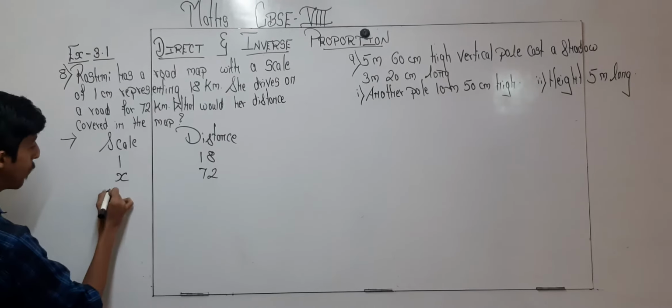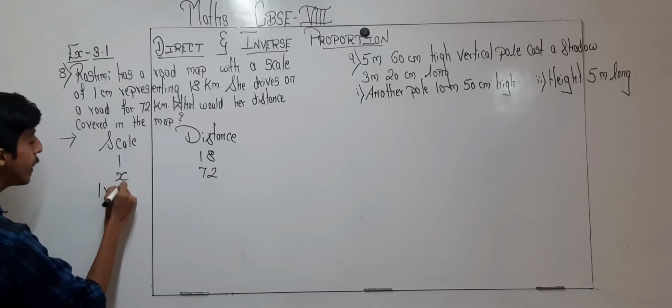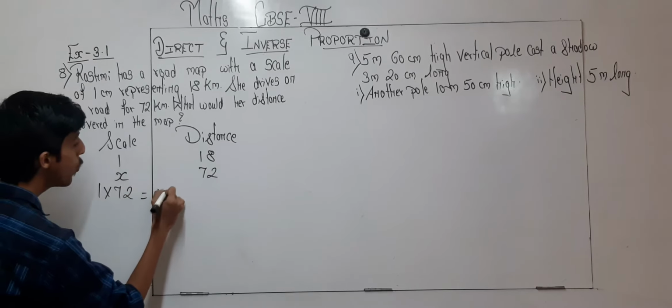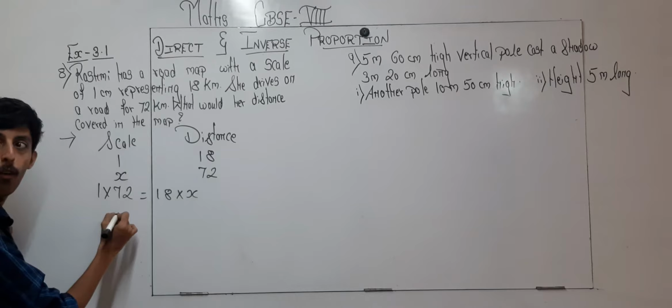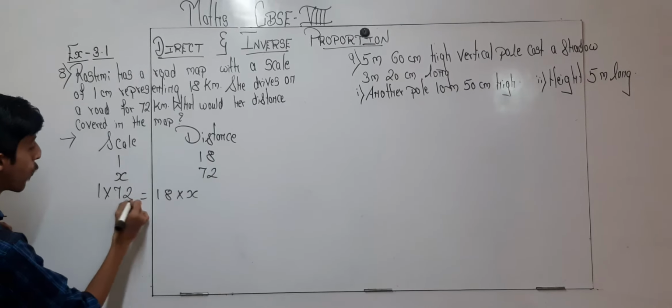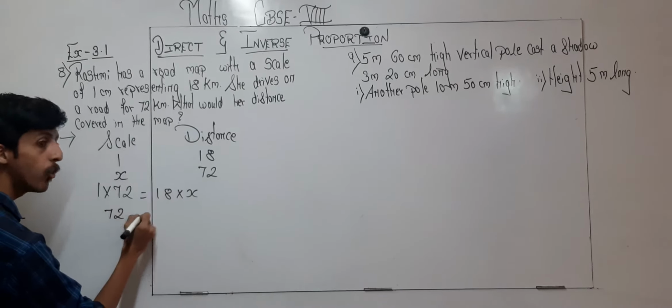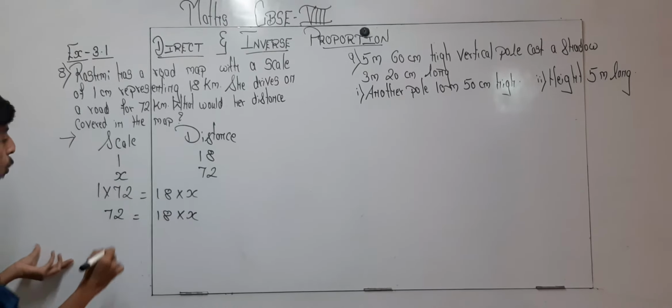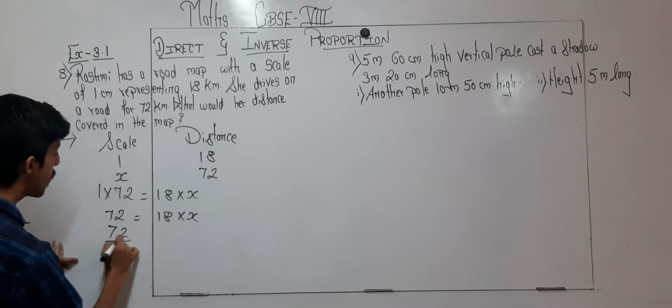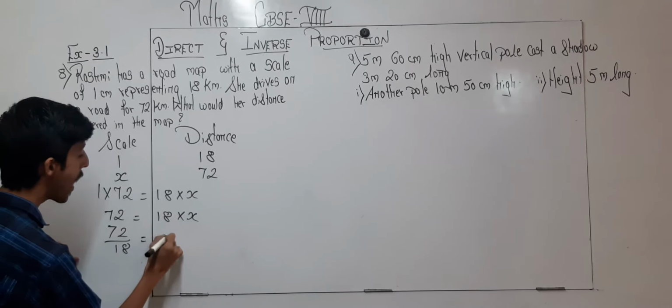So what will I do? Cross multiply. 1 into 72 is equal to 18 multiplied by x. So 72 divided by 18 is equal to x.